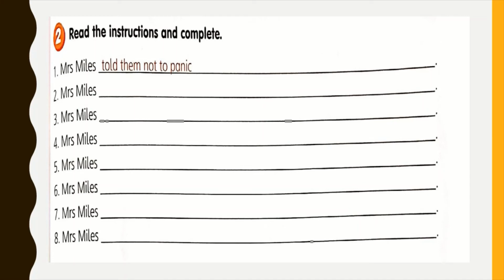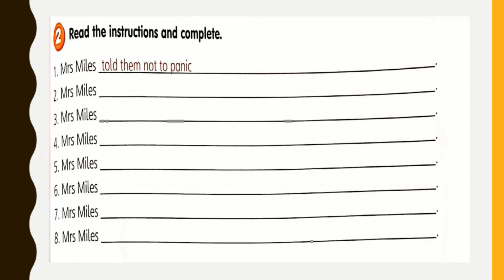Number 2, if you see in picture 3, page 94, in the list of instructions, number 2 is move away from windows and bookcases. So you have to report it. How will we report this?